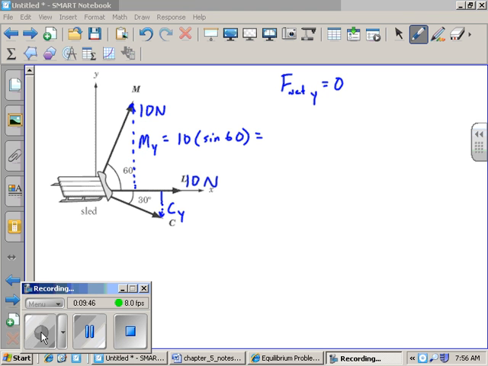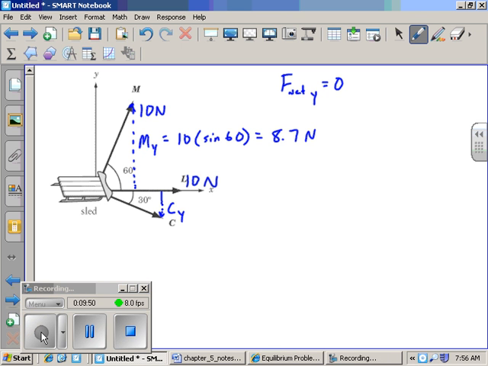And I calculated this to be 8.7 newtons. That means that Cy also is 8.7 newtons, just in the other direction.